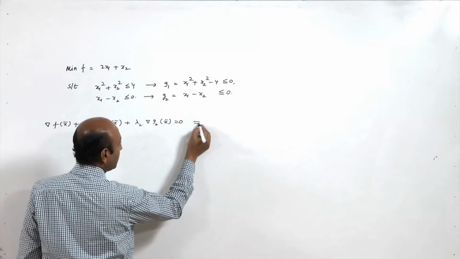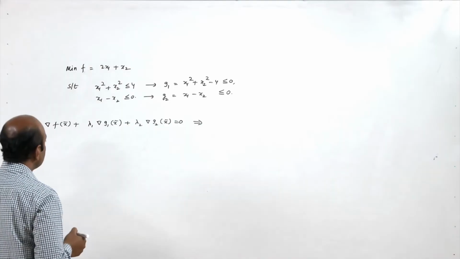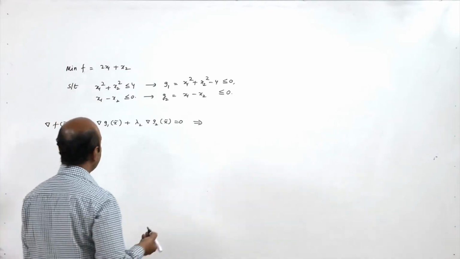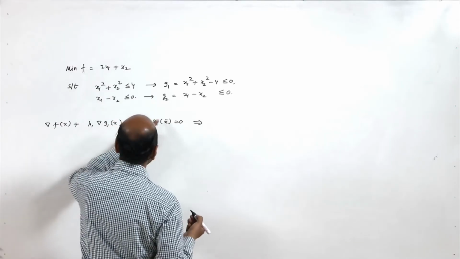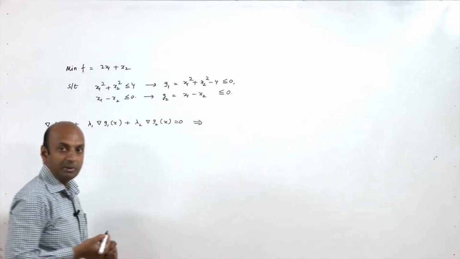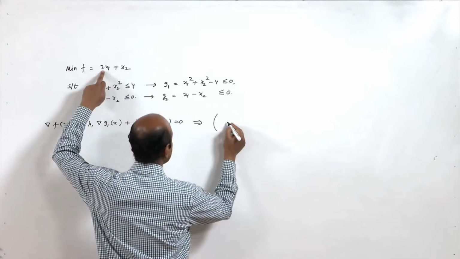So, what does it imply? You can take x bar or x, it hardly matters. The x that satisfies this condition will be the global minimum point. What is the gradient of f(x)? It is 2 and 1.